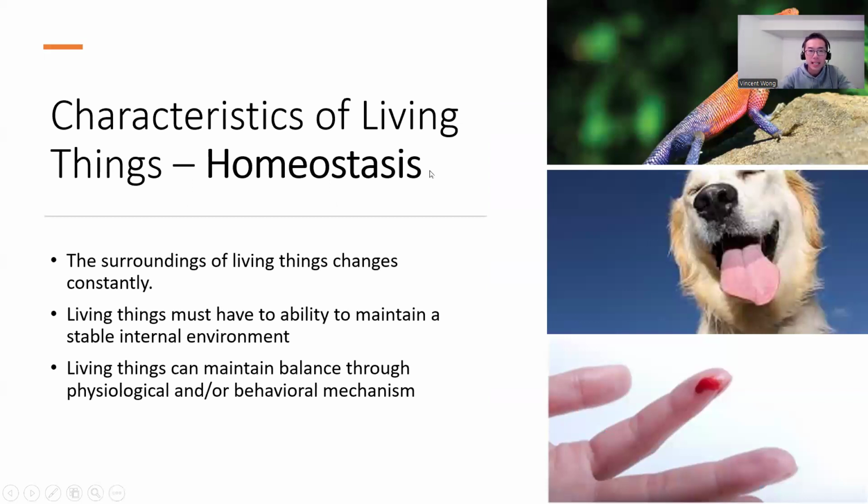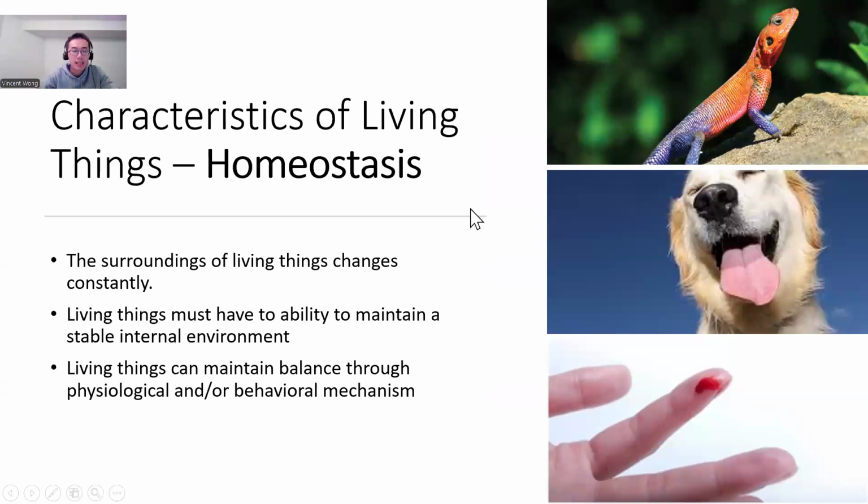Let's talk about a second characteristic. Second characteristic of living things is the ability to maintain homeostasis. Homeostasis means an internal balance.